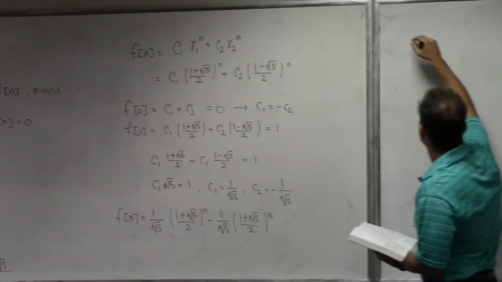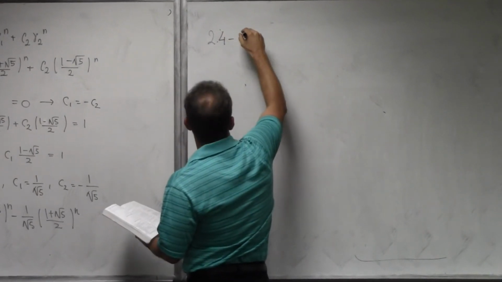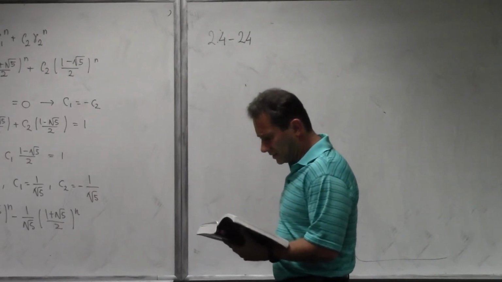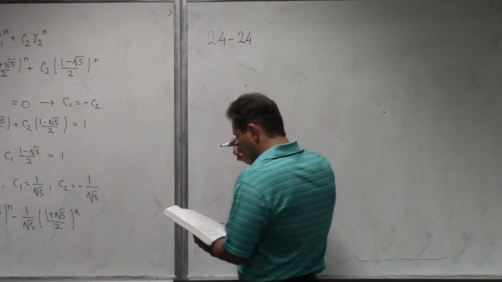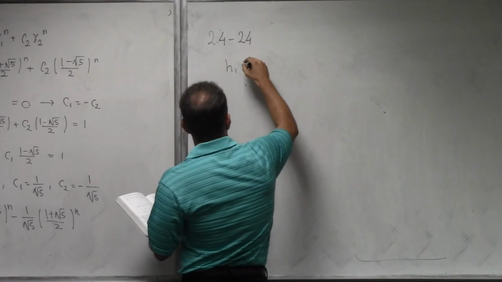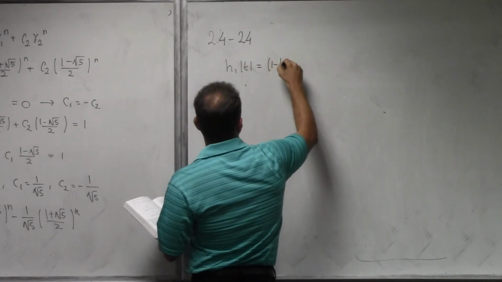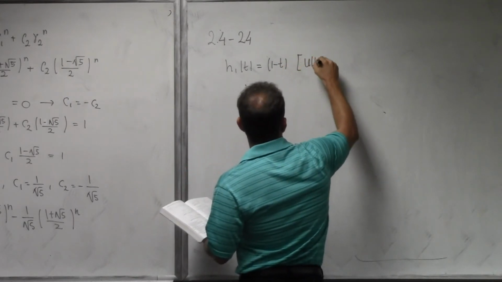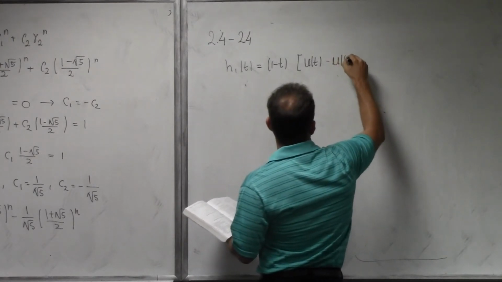So this is a problem, 2.4-24. It says a linear time invariant system has an impulse response of the form h1 of t is equal to (1 minus t) times [u of t minus u of t minus 1].